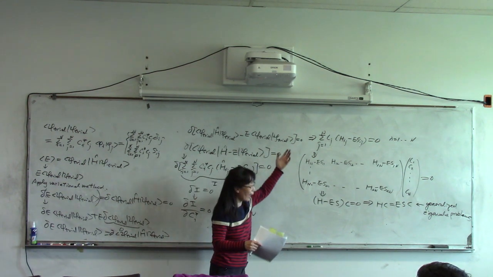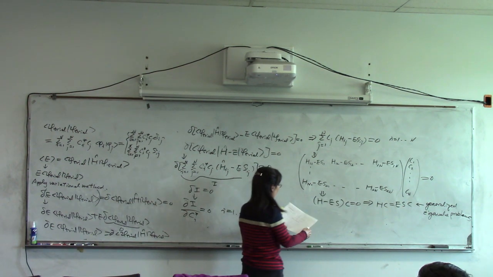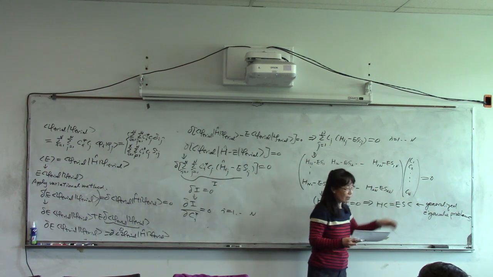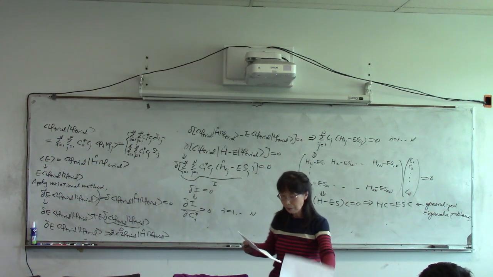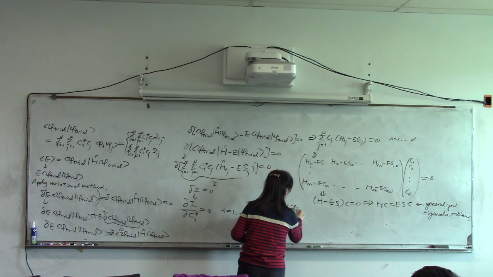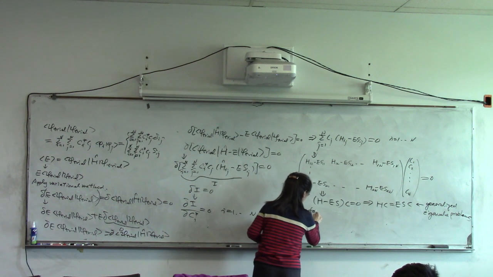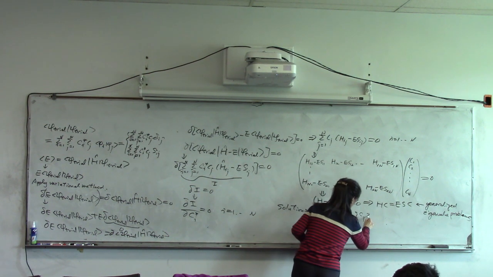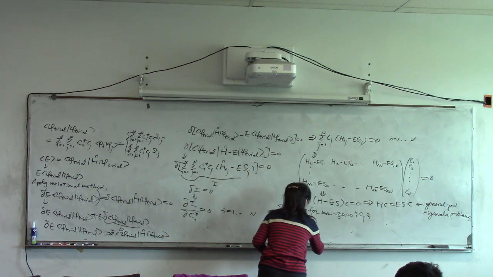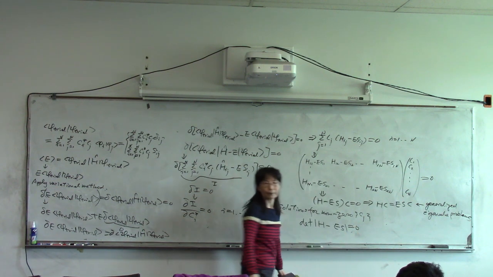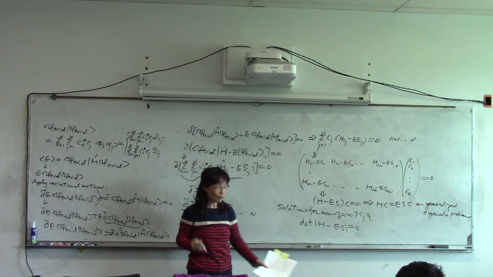The more you include, the more the accuracy increases. So the solution with non-zero C_j requires the determinant of this to be equal to 0, right? That is always familiar.